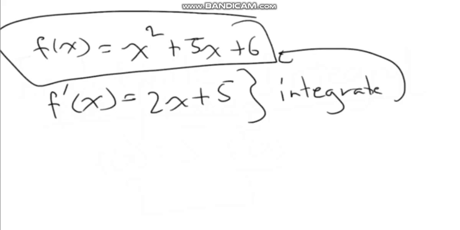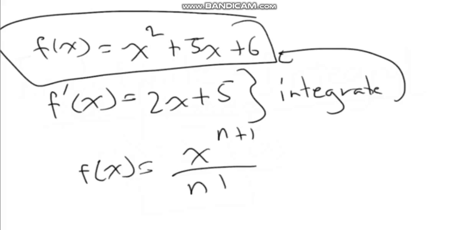So, for instance, the equation for the basic integration function is this. F of x is equal to x to the power of n plus 1 over n plus 1, where n is an integer.